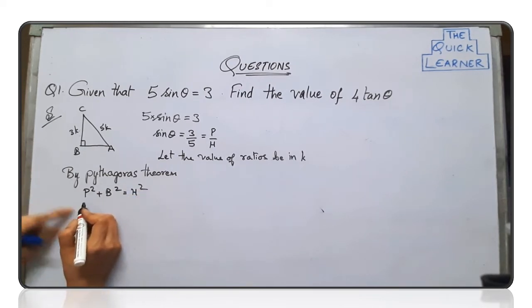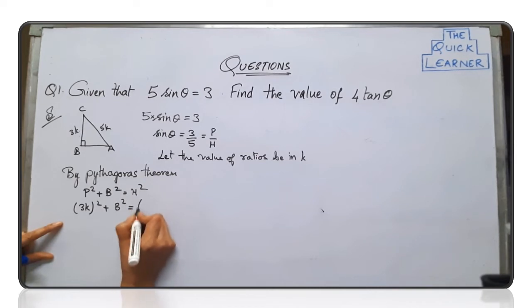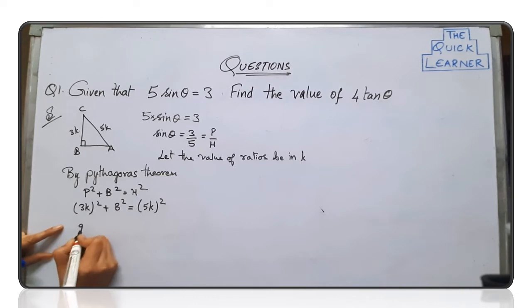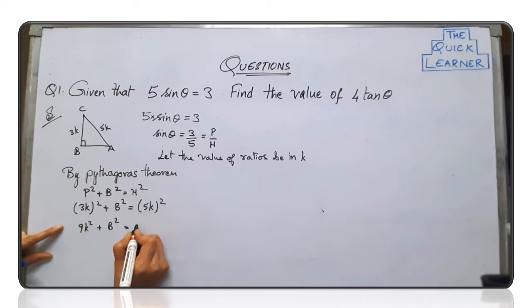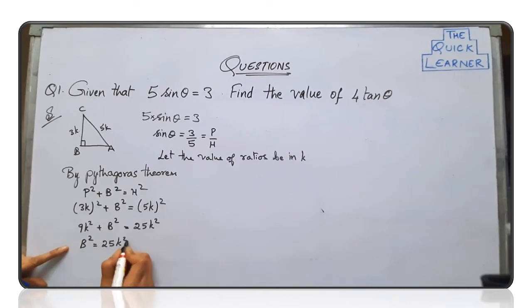So what is perpendicular square? It is 3k whole square plus base square equal to hypotenuse square, which is 5k square. So this becomes 9k square plus b square equal to 25k square. If we take 9k square to the other side, this becomes b square equal to 25k square minus 9k square.